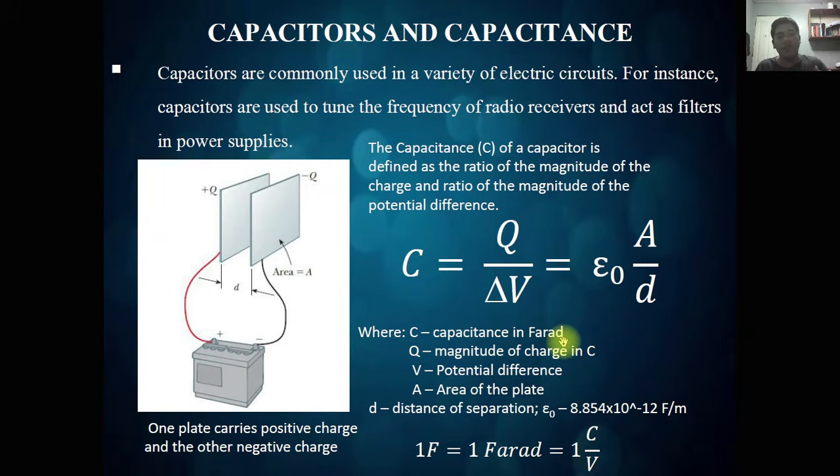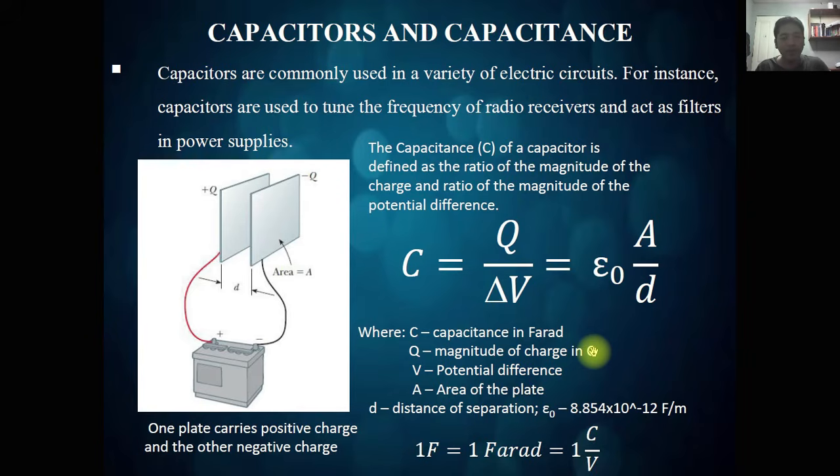Again, the unit of capacitance is the farad, represented by the capital letter F. So 1 F is equal to 1 farad, and according to this formula, 1 farad is 1 coulomb per volt, the charge per unit volt. And epsilon sub 0 is a constant. It could never be changed, and it is equal to 8.854 times 10 raised to negative 12 farads per meter.